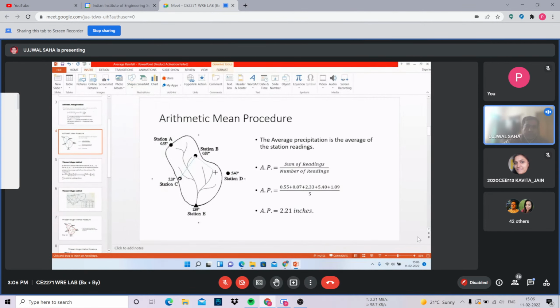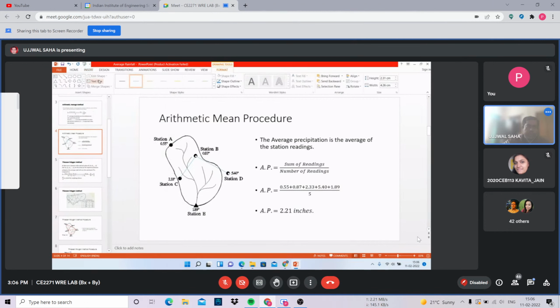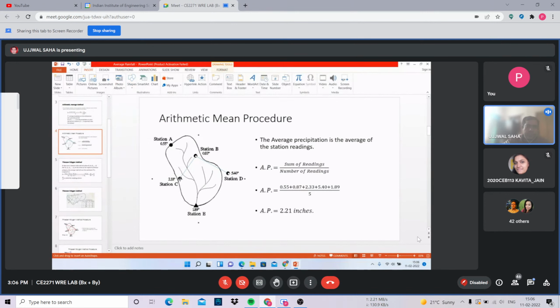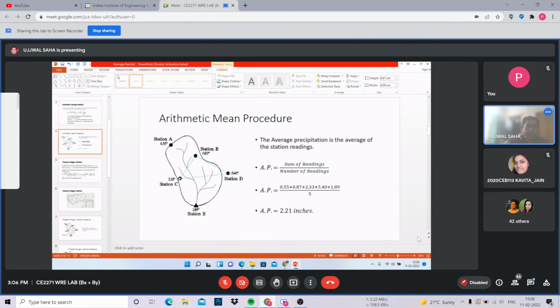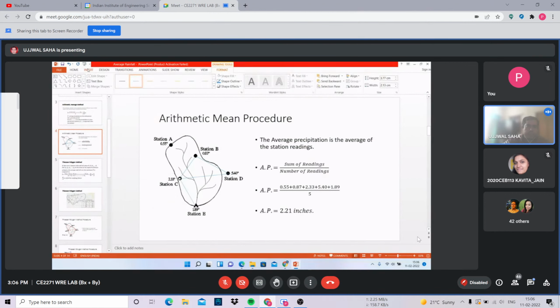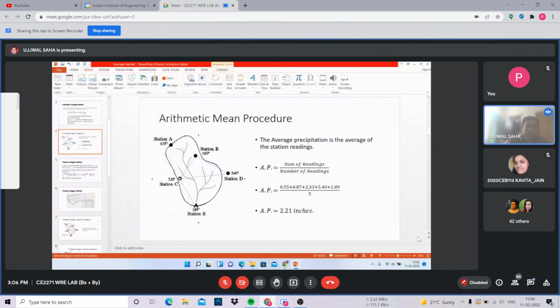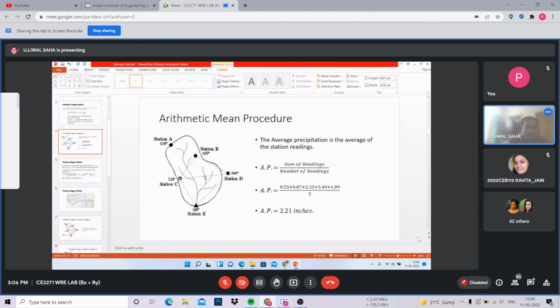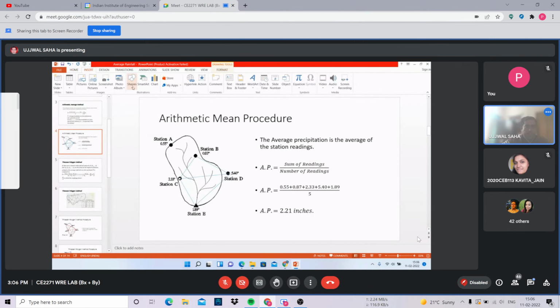We can join this station, we can join this way. This is a triangle. Then we can join this to this, and this to this. This is one type of triangulation. But another option is also there. That option is, I can join these two, is it not?